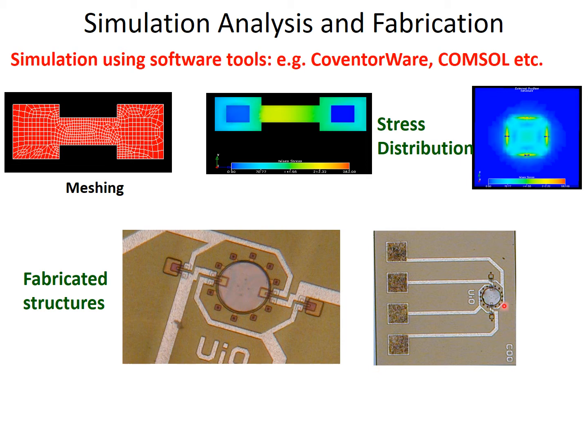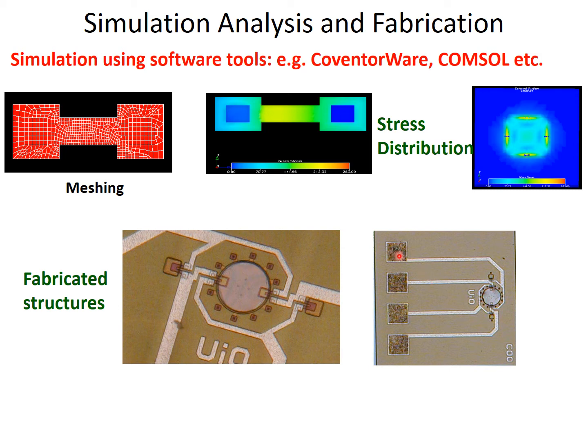So these are some of the simulations, and in the bottom portion you can see some of the fabricated structures, which are MEMS based pressure sensors. Here is a circular diaphragm, and here we have shown 2 strain gauges or piezoresistors in this configuration, whereas in this case we can see 4 connections. So these take out the connections for the 4 piezoresistors which are placed at the 4 sides of this membrane, right?